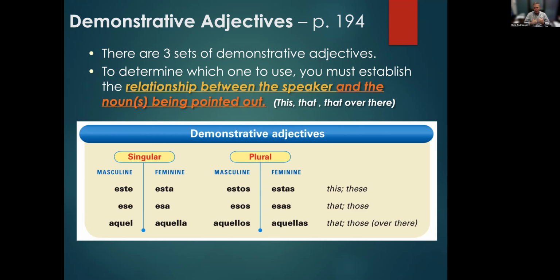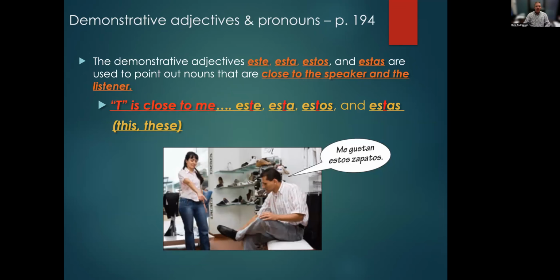It's all from my point of reference. So it's this close to me, that not too far from me, and those over yonder, that's the aquel and aquella. So we're demonstrating which one we're talking about. We're using an adjective to describe this noun, pointing out which one we're talking about.